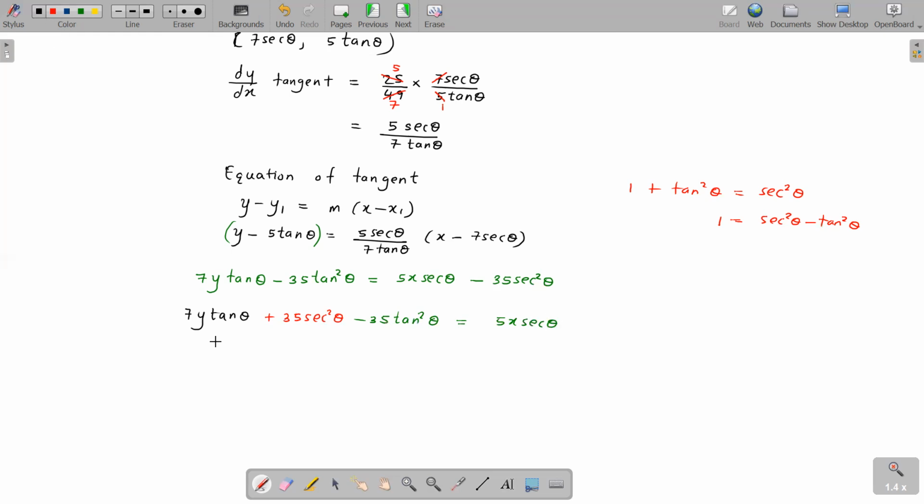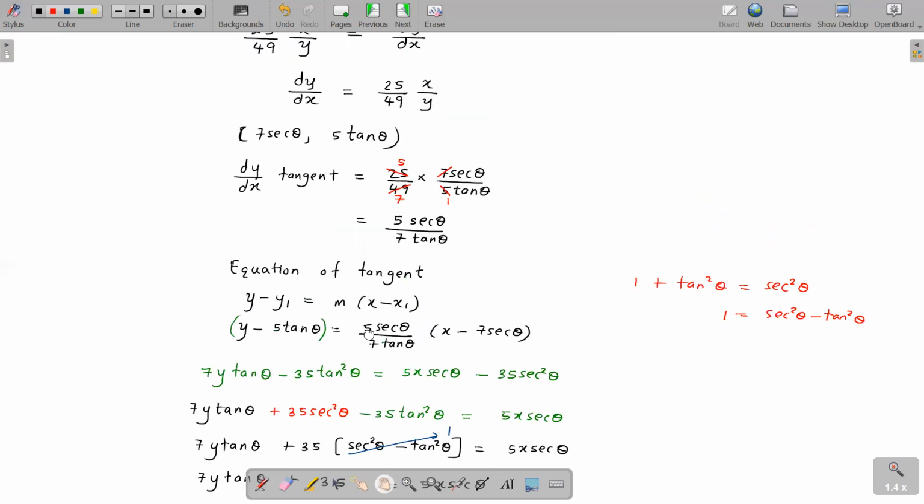Now I can take a 35 out. Taking 35 out, I get sec square minus tan square, which is 1. So 7y tan theta, and then what was the show that?